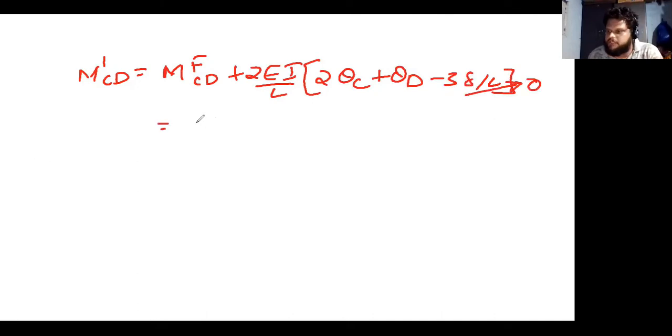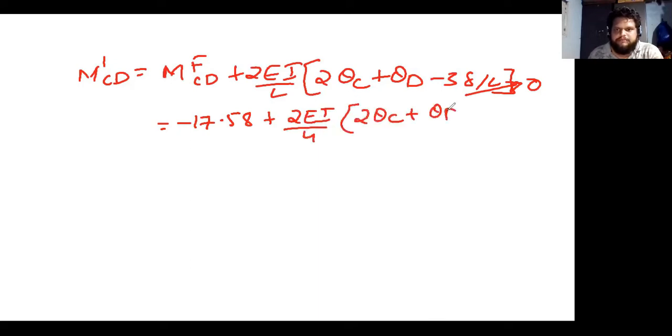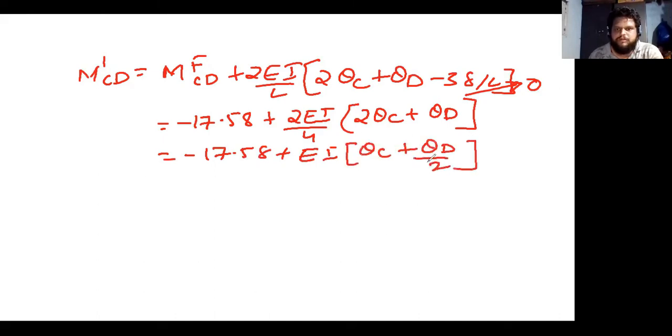How much is MFCD? Minus 17.58 plus 2 EI by 4 into 2 theta C plus theta D. If I take EI as common, this will become theta C plus theta D by 2. Okay, so this is equation number 5.